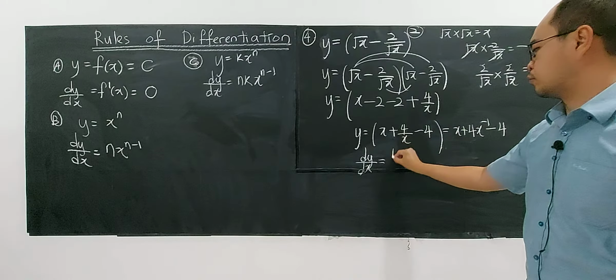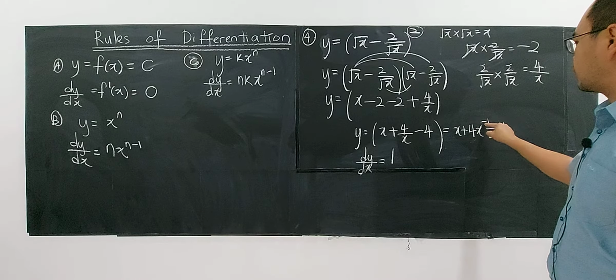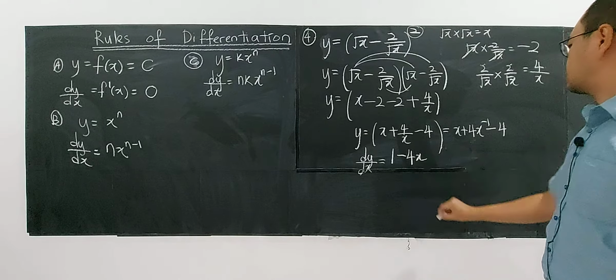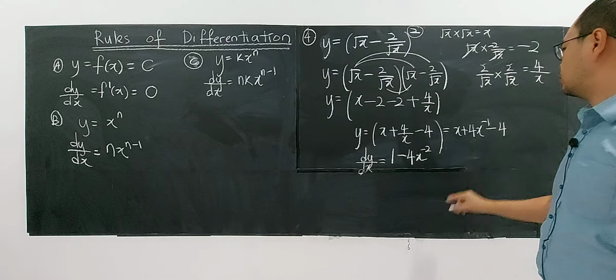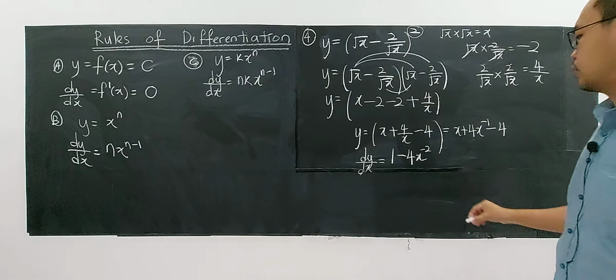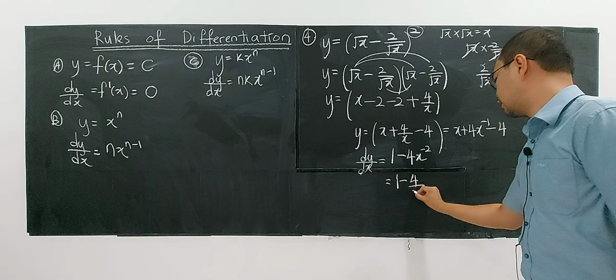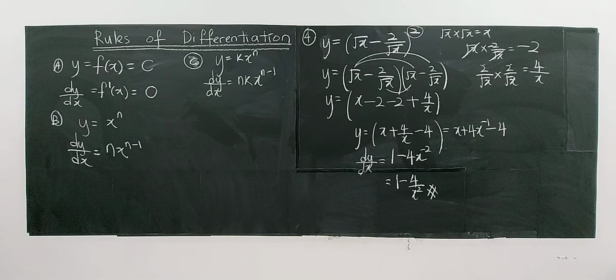Differentiate x, you are getting 1. Differentiate positive 4x to the power negative 1: negative 1 times 4, you have negative 4x, negative 1 minus 1 again, you have negative 2. Differentiate the constant, 0. So you have dy dx to be 1 minus 4 over x to the power of 2. So this will be your answer for this question.